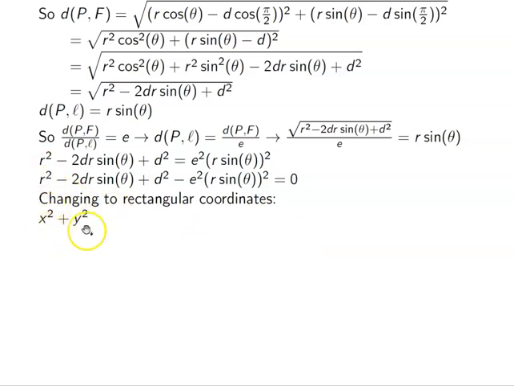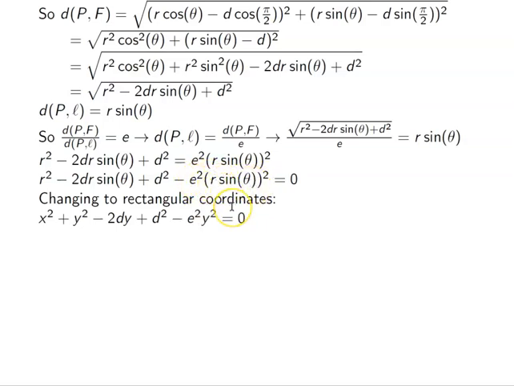So r squared is x squared plus y squared. Okay, 2d r sine theta, so that's going to be 2dy, right? d squared is just d squared. That's not part of anything. It's just a constant. Okay, and here I'm going to have e squared, the eccentricity squared, and this is y, right?